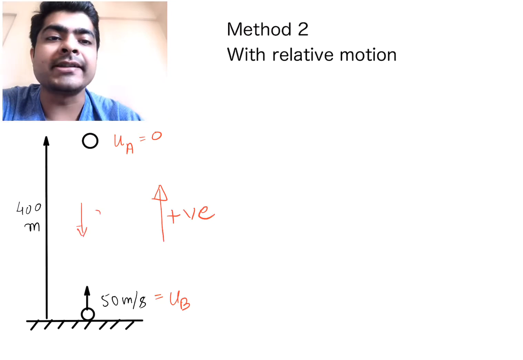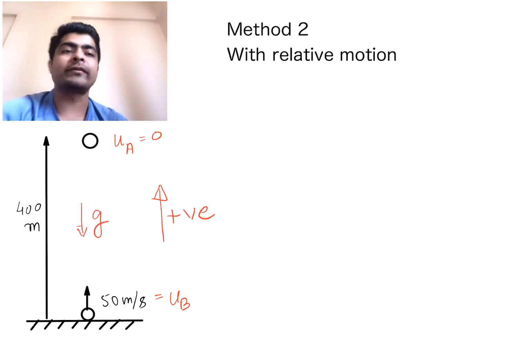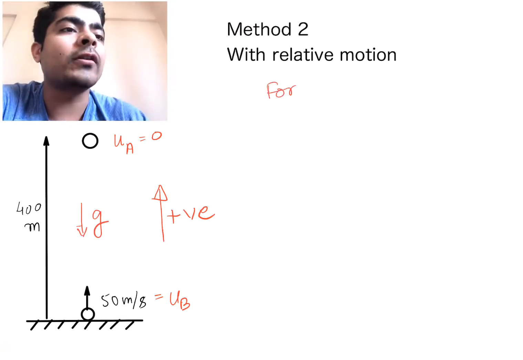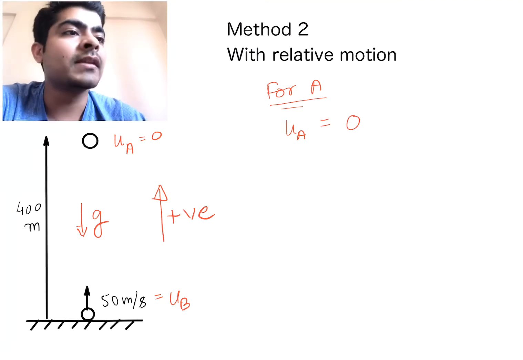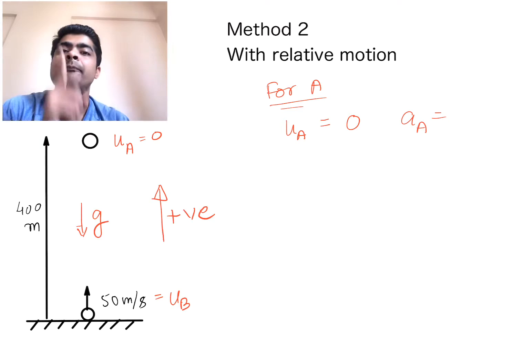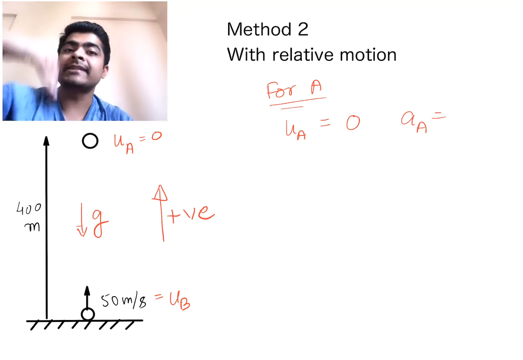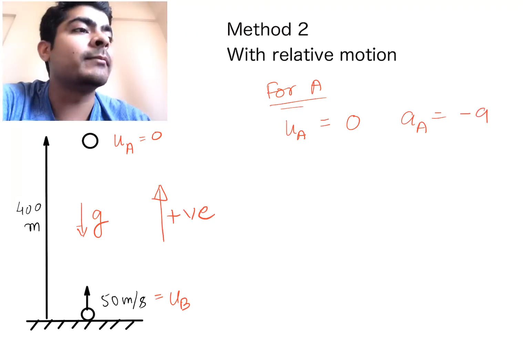Acceleration due to gravity g will be acting downwards for both. So for A, initial velocity uA will be 0. Acceleration of A, taking upward as positive, is downwards, so this will be minus g.